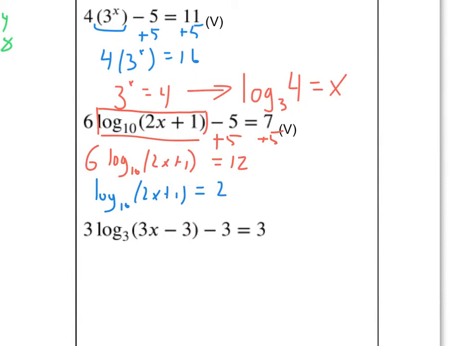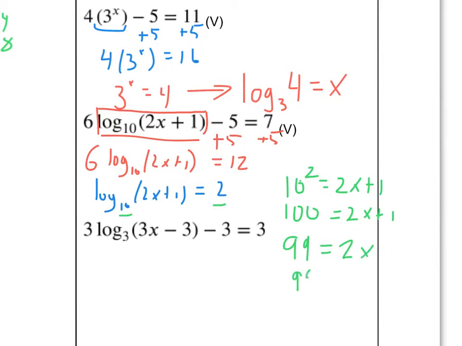Now I'm going to convert this to exponential form, rather. Here's my base and my exponent. So we get 10 squared, base to the exponent, is equal to 2x plus 1. That's 100. 100 equals 2x plus 1. If I subtract 1, we get 99 is 2x. And 99 over 2 is equal to x.